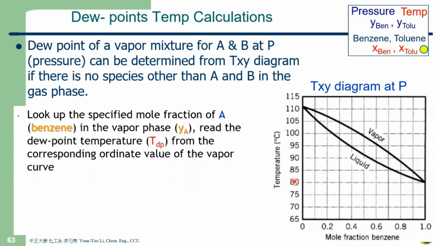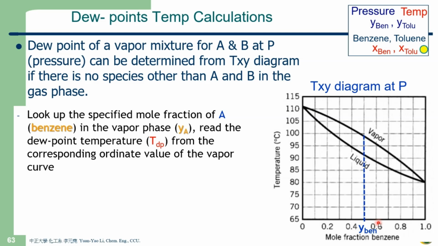So you have benzene in the vapor phase, YA, and read the dew point temperature from the corresponding coordinate of the vapor curve. For example, instead of X benzene we now use Y benzene, again 0.5. We want to know the dew point.